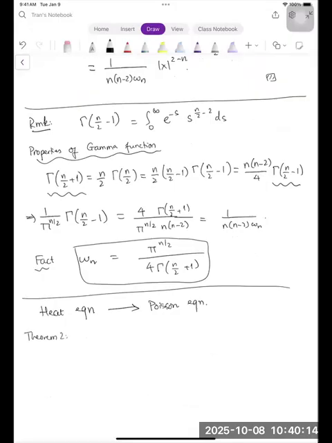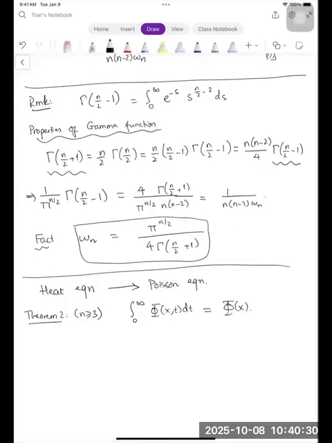For n greater than or equal to 3, I integrate the fundamental solution, the heat kernel, and I get back the fundamental solution of the Laplace equation. So as noted, for the heat equation I have u_t minus Laplacian of u equal to 0, with u(x,0) equal to g(x). This is a Cauchy problem. Then I have the solution is this.